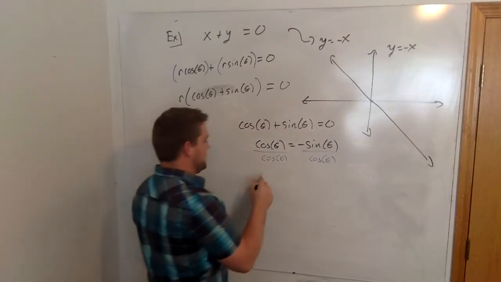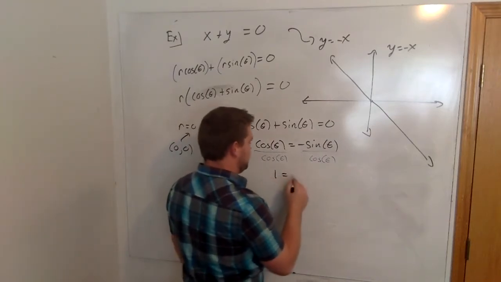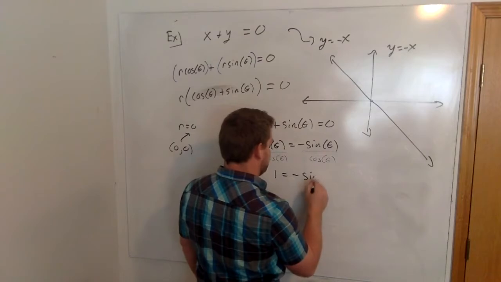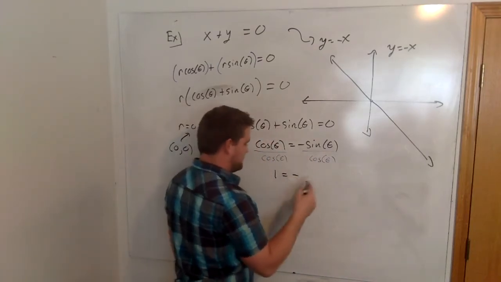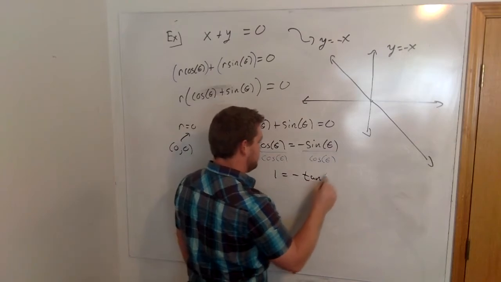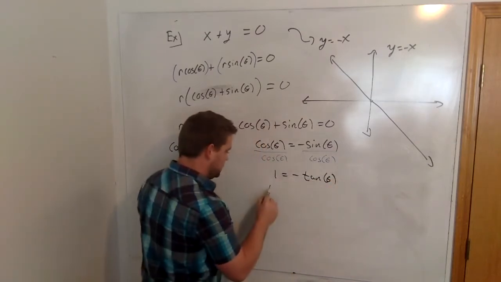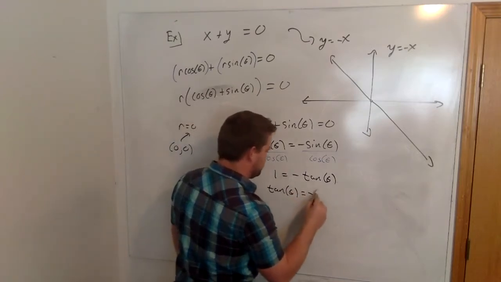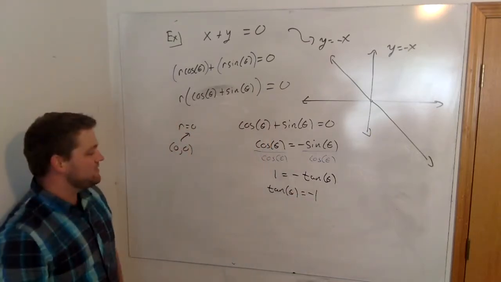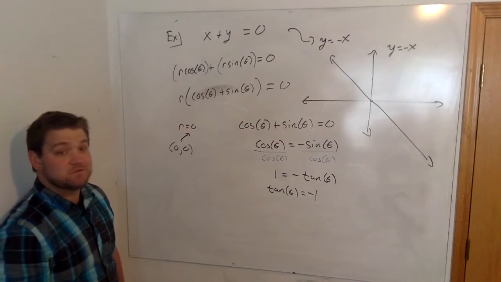So this would be saying that 1 would be equal to the negative sine of theta over cosine of theta. Sine of theta over cosine of theta, I hope you believe that's tangent of theta. Or this is when tan of theta is equal to negative 1.